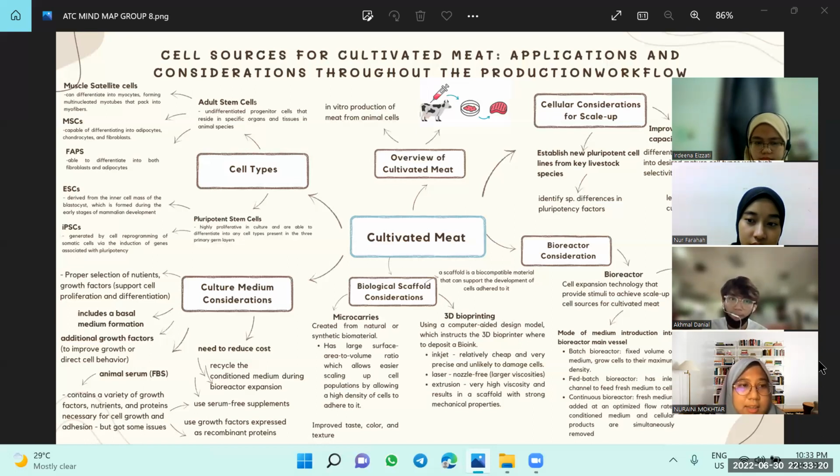Okay, the first one, which is the adult stem cell, is a more commonly employed cell source. It is an undifferentiated progenitor cell that resides in specific organs and tissue, and it is also multipotent, as these cells have the ability to differentiate into a select number of cell types.